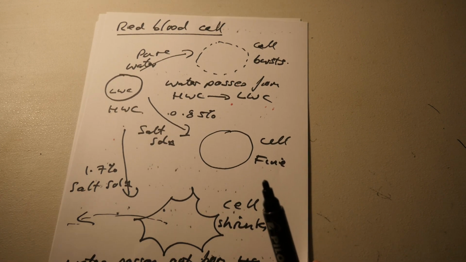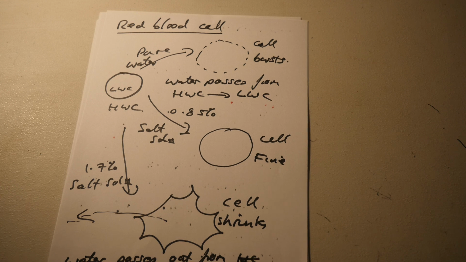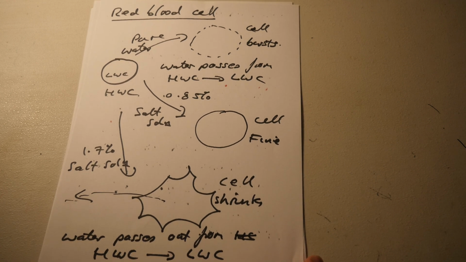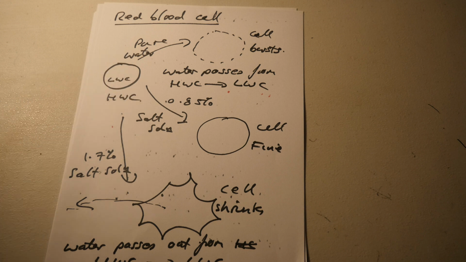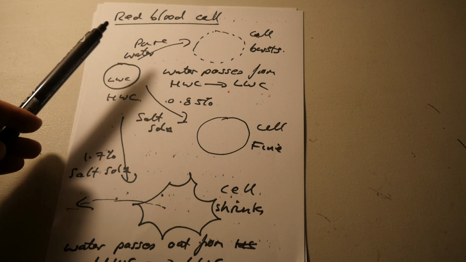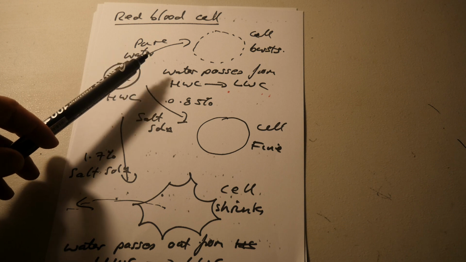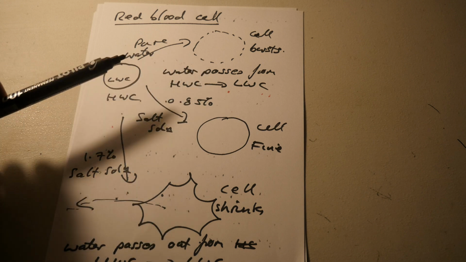Right. Next, we are going to cover plant cells. Okay. I'll leave that on so you can see it clearly. So yeah, red blood cells, if you put them into pure water, which has no ions, no hydroxide, no hydrogen, no alkali metal ions like potassium and calcium or sodium, the cell bursts.